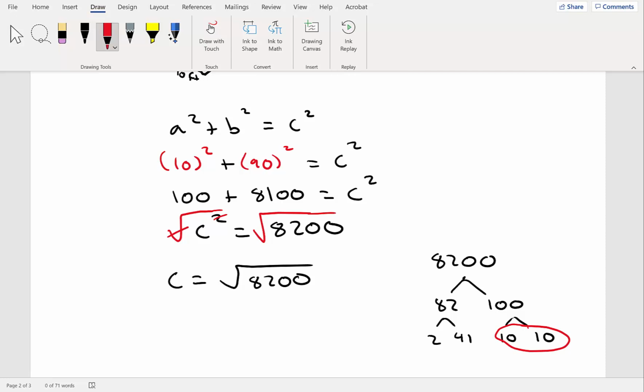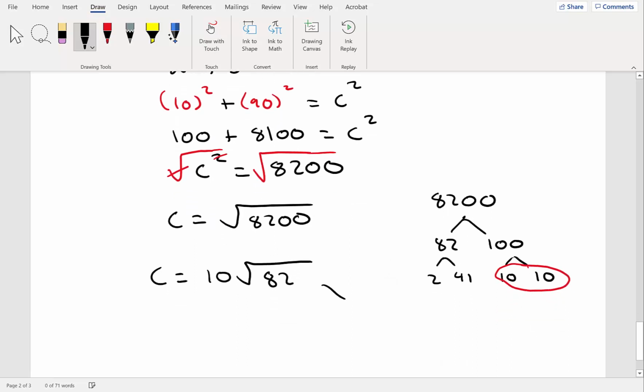So since I have two 10s, I could go ahead and take out one of the 10s and put it on the outside of the radical. So I have 10 times the square root of, and now what was left over is this 2 and 41. So I multiply those back together, I get 82. So I get c is equal to 10 times the square root of 82. So this will give us our exact answer.